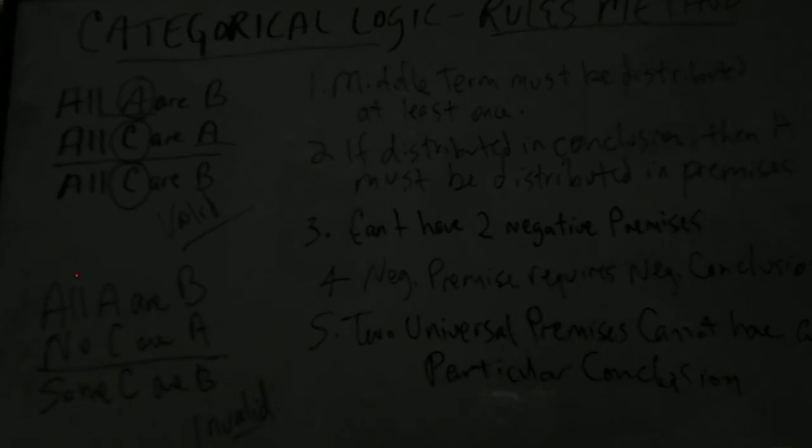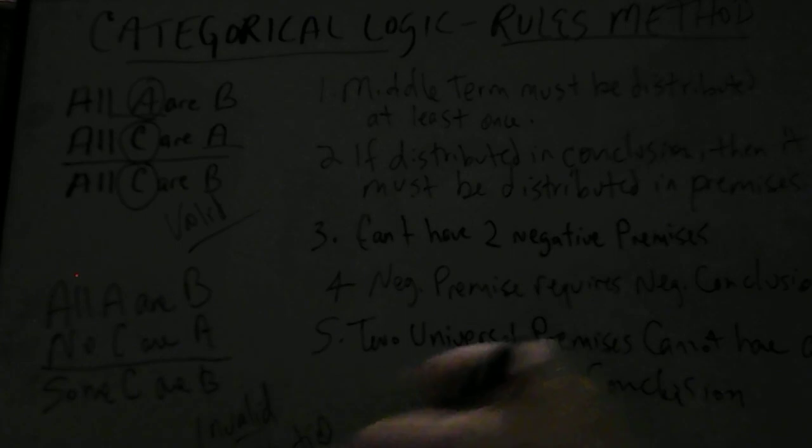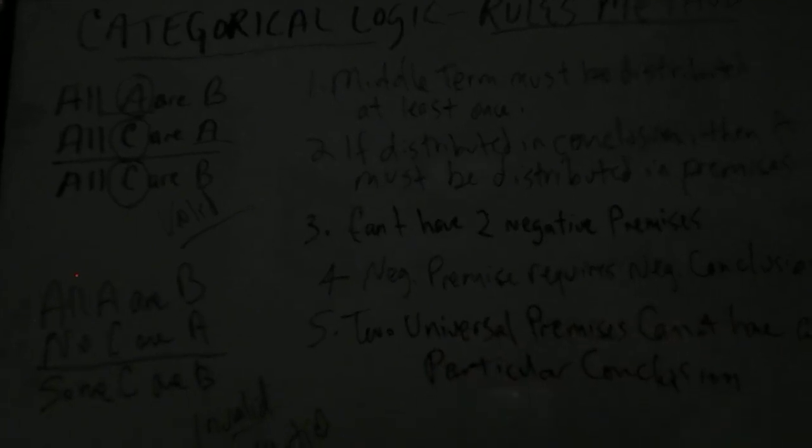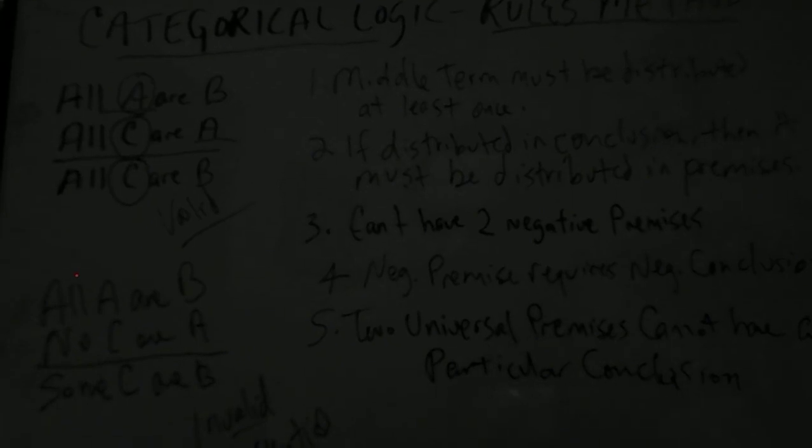And the fallacy here is referred to as the existential fallacy. Not to be confused with the existential fallacy that we talked about in Chapter 1. This one is unique to categorical logic. It's related, but it's unique to it.